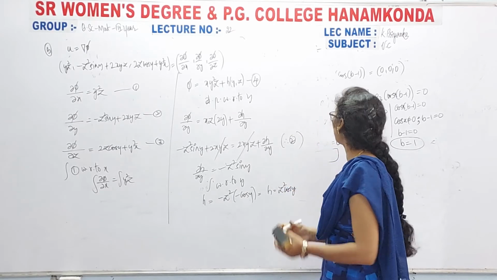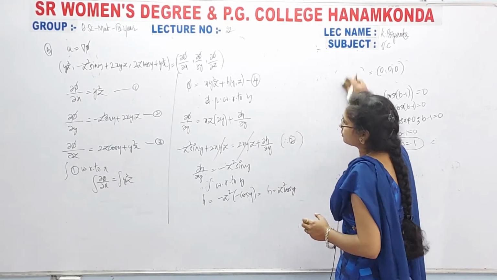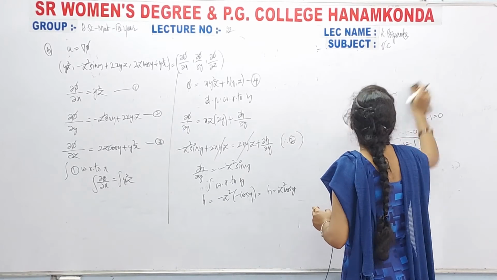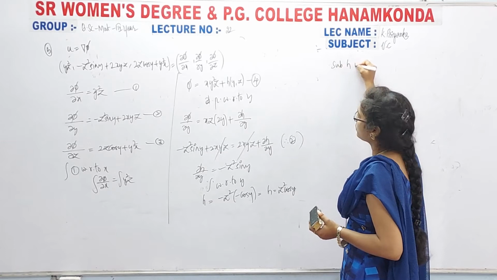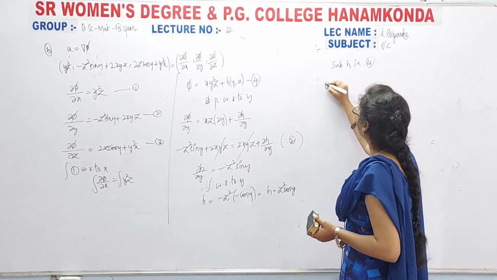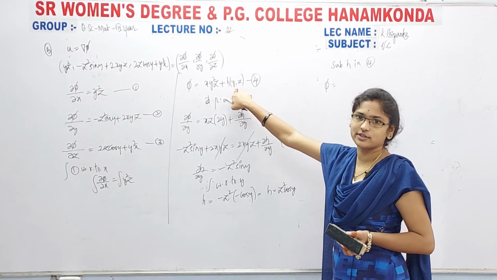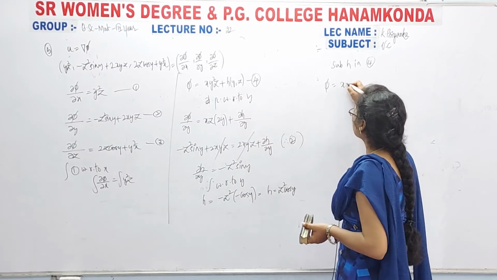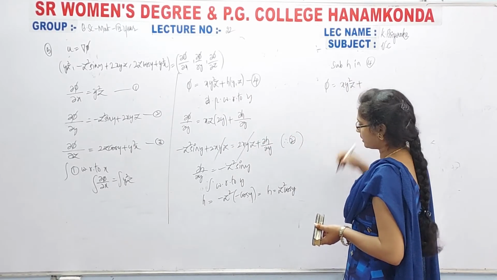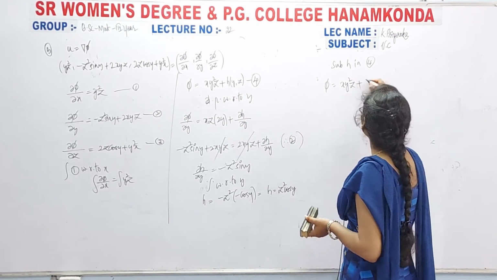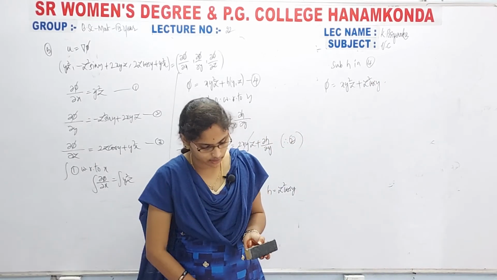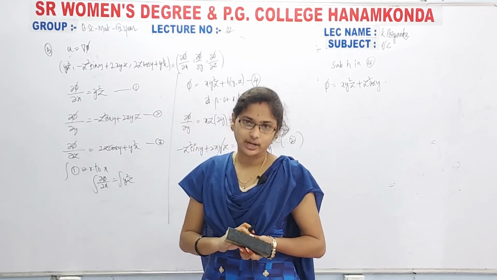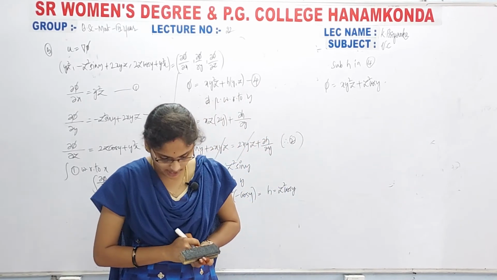Now just substitute h in equation number 4. Therefore pi is equal to x y square z plus h of y comma z, which means z square cos y, and this is nothing but the required answer. Okay, so like this we have to calculate the potential field.